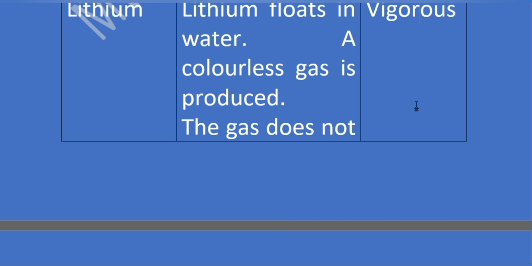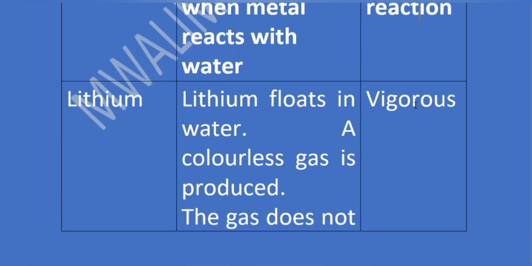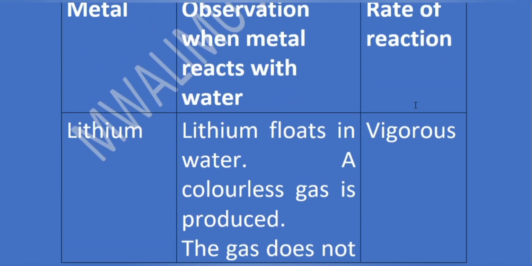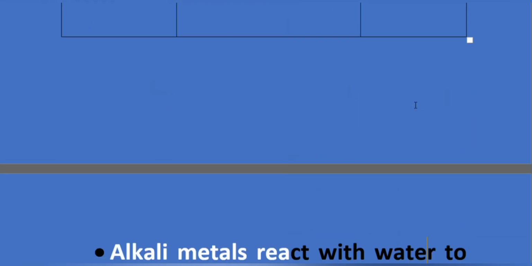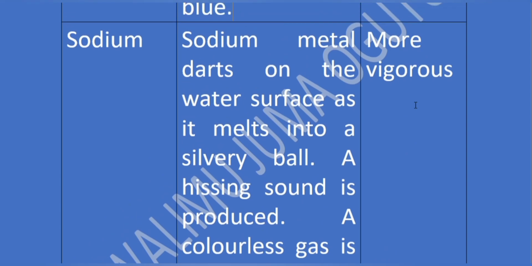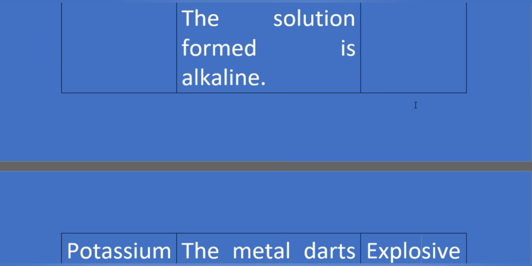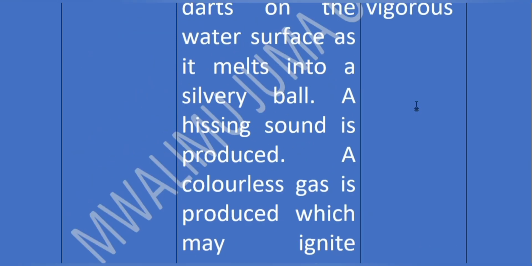The gas does not ignite spontaneously. The resulting solution turns red litmus paper blue, meaning that the solution formed is basic. The reaction is vigorous.